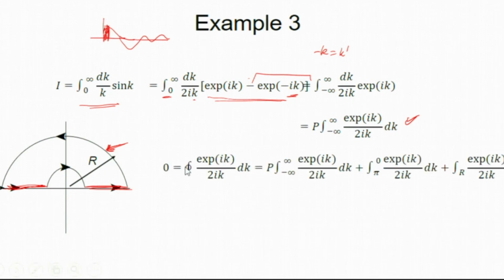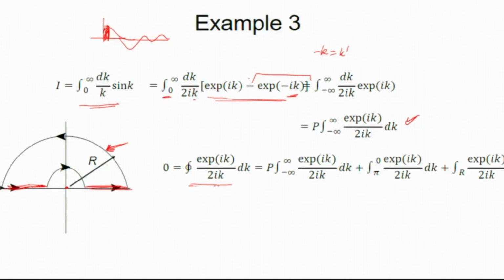So, my closed contour has 4 parts: 1, 2, 3, 4. It turns out that the large circle is 0. But overall the whole integral should be 0, because the singularity is only at k equal to 0, and everywhere else it is analytic. As long as I have a closed contour avoiding the pole, my integral must be 0.